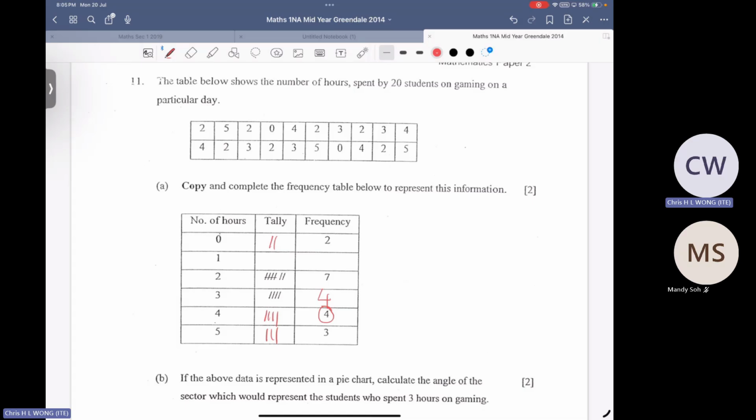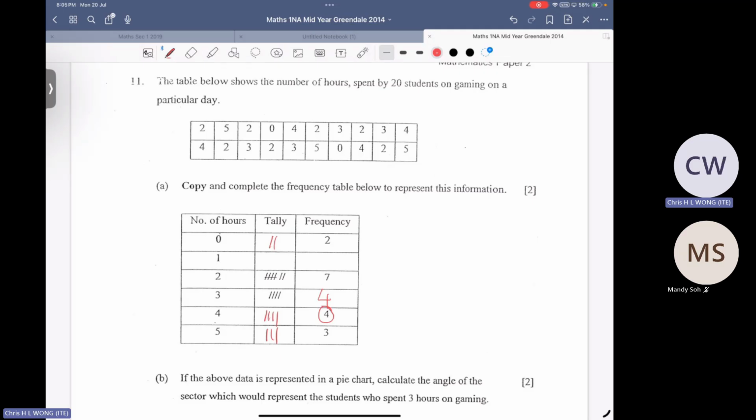Second question. If the above data is represented in a pie chart, calculate the angle of the sector which will represent the student who spent 3 hours on gaming. 3 hours.